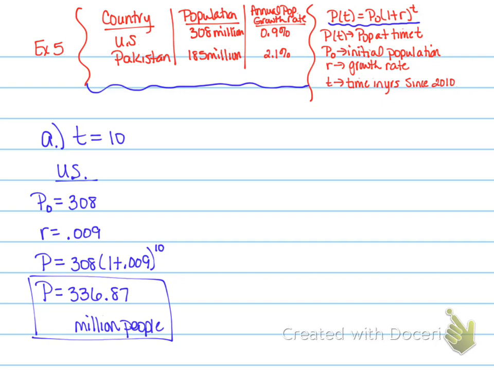And then we're going to do the same thing for Pakistan. So in Pakistan, we know that the initial population was 185 million people. The growth rate was 2.1%, so 0.021.